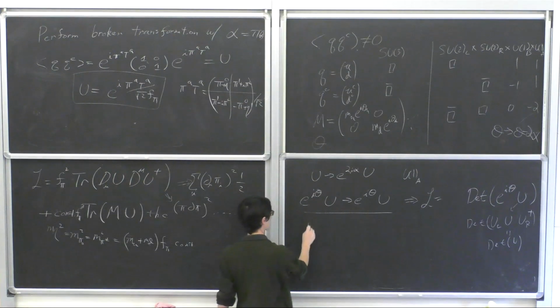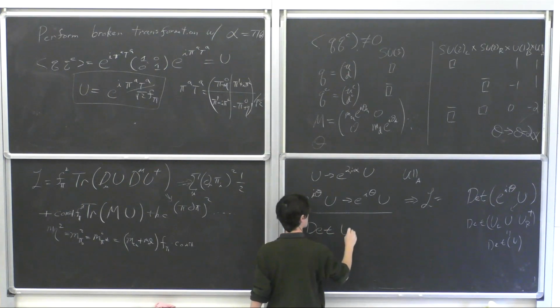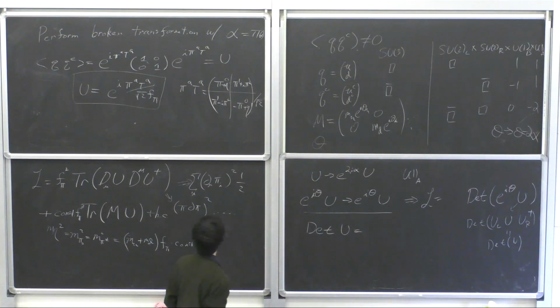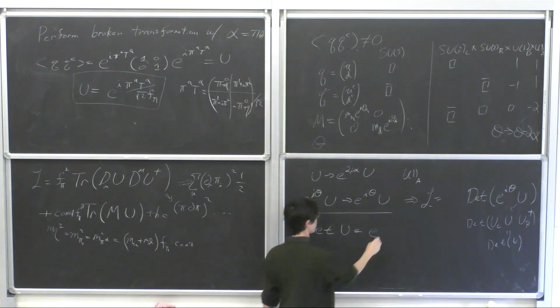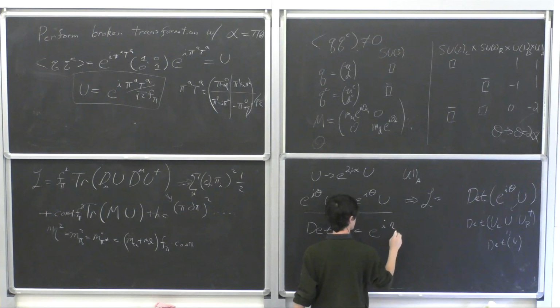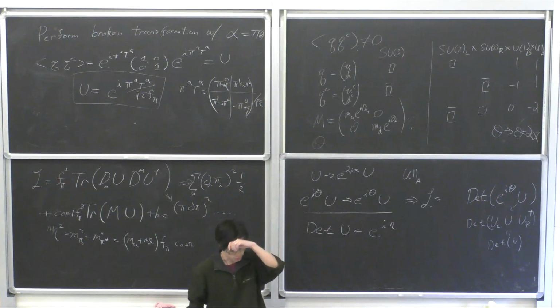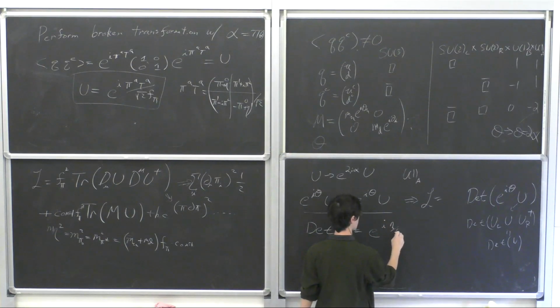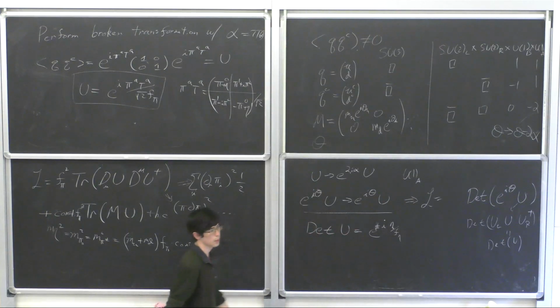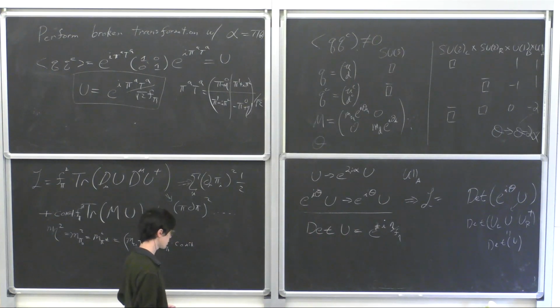Determinant of U is e to the i eta, maybe with a 2 there. I'm not being super careful with 2s. Okay, maybe with an order 1 number there. Okay, great.